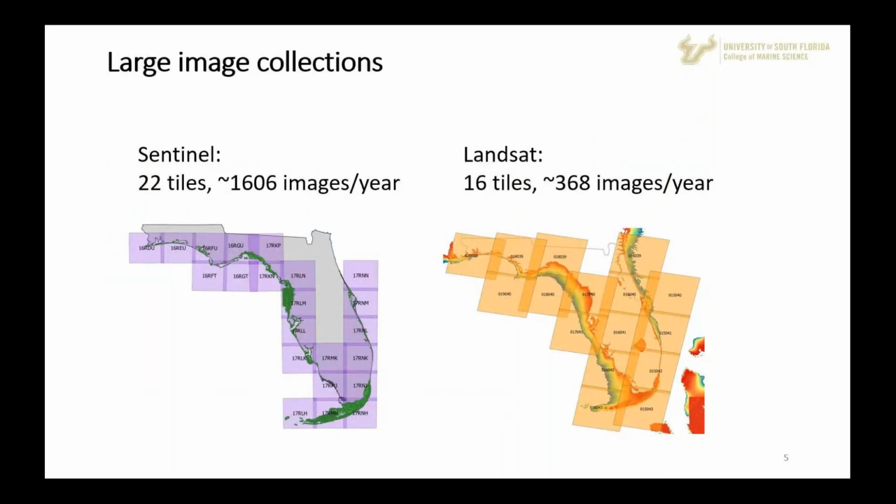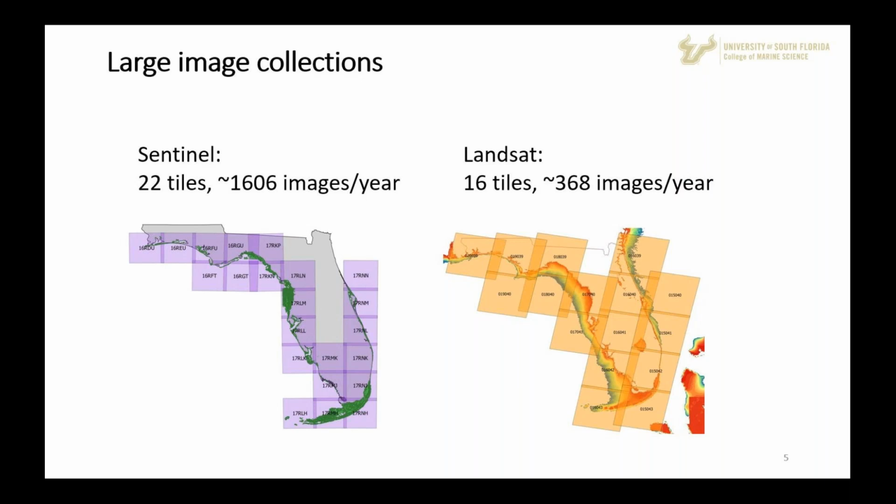Things get more complicated when we have to map very large scales. So, for example, to cover the coastal areas of Florida with presence of seagrasses, we need 22 tiles for Sentinel and 16 tiles for Landsat. This means there is a lot of images available in a year.